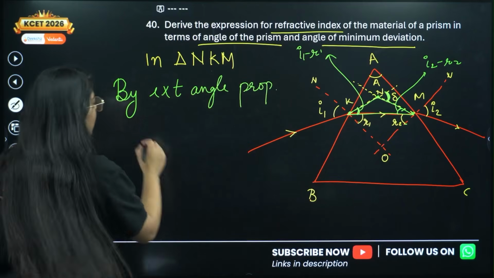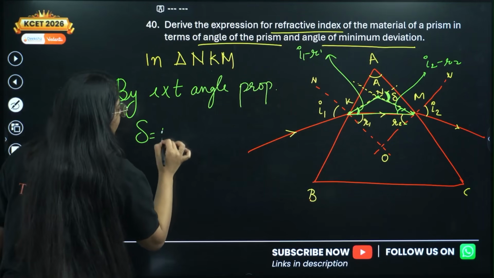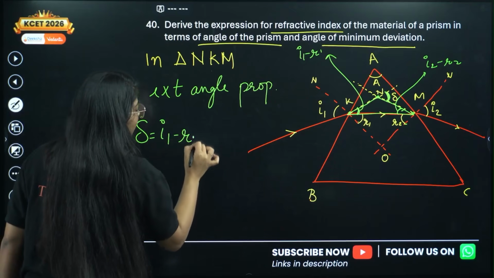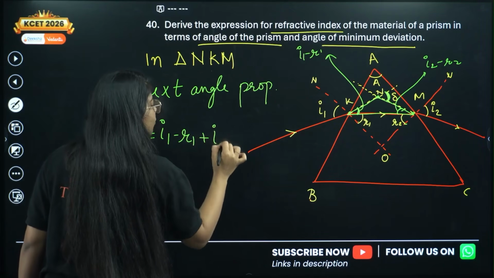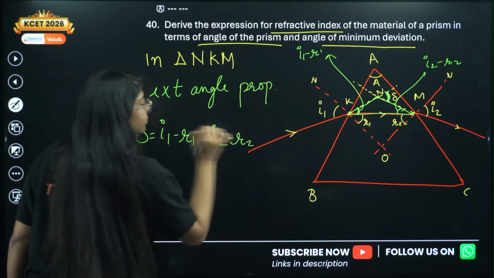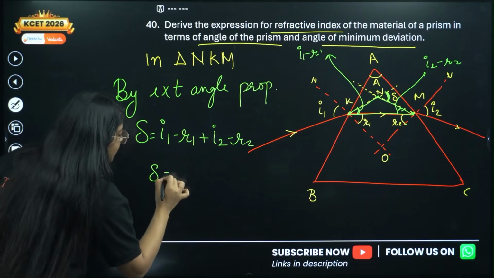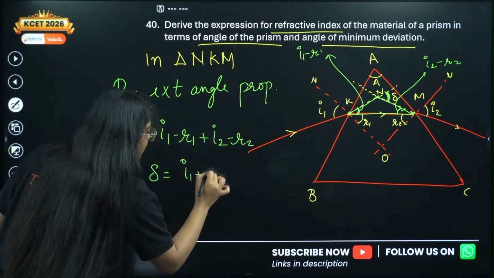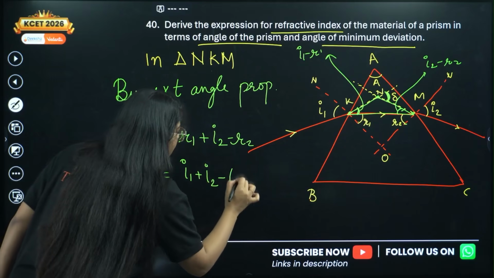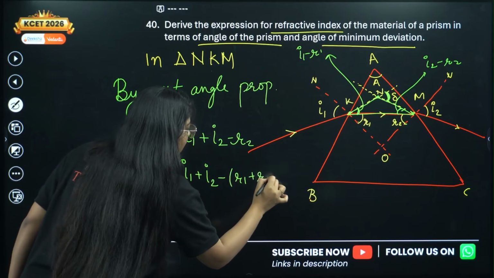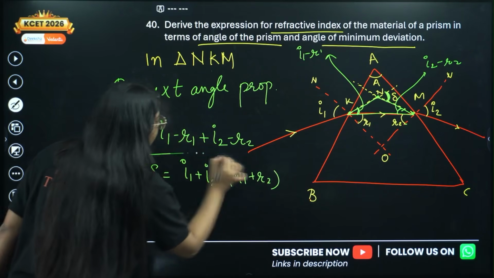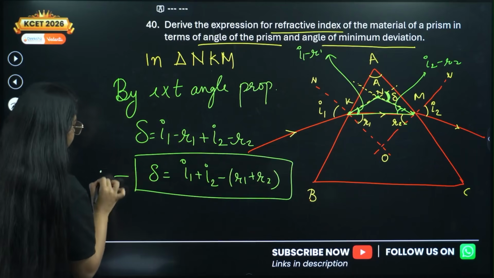Correct? So delta is equal to I1 minus R1 plus I2 minus R2. Understood? So delta will simply be I1 plus I2 minus (R1 plus R2). This is my first expression.